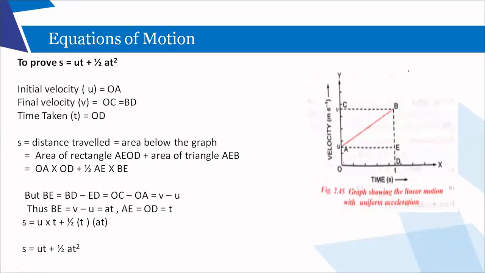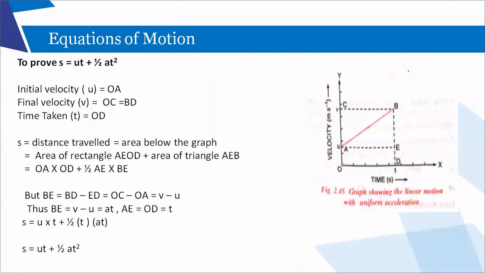S, distance traveled, is the area below the graph. Take the area below the graph and divide it into two parts, rectangle plus triangle. The area of the rectangle I will put as length into breadth, and the area of the triangle as half base into height. Now I got length into breadth, fine. But now I'm going to substitute the value for BE. How do I substitute the value for BE?